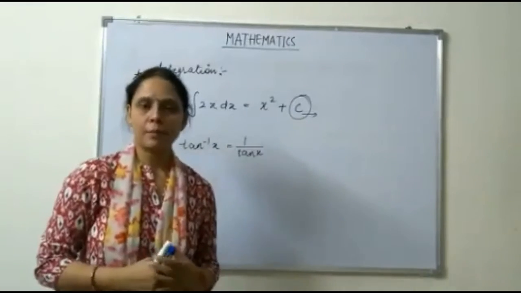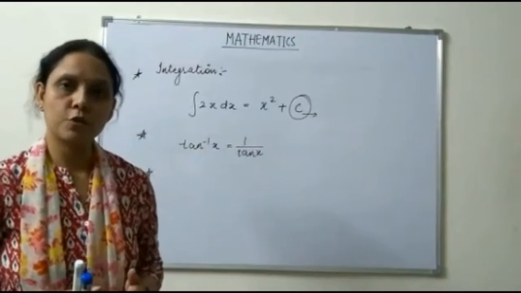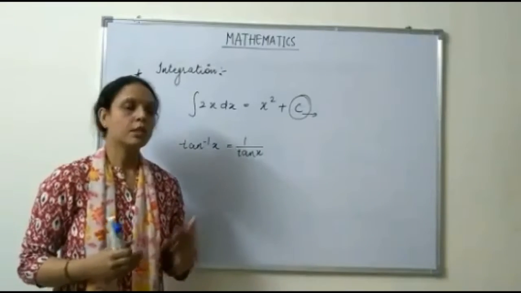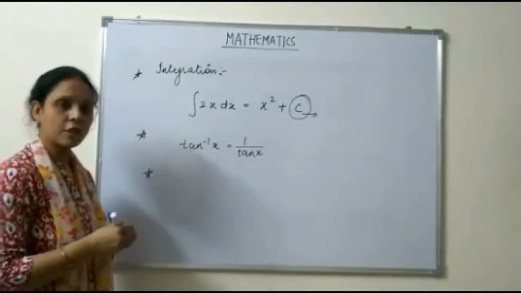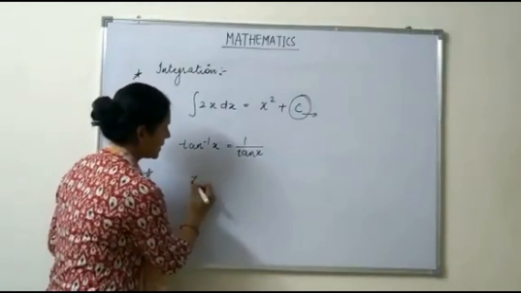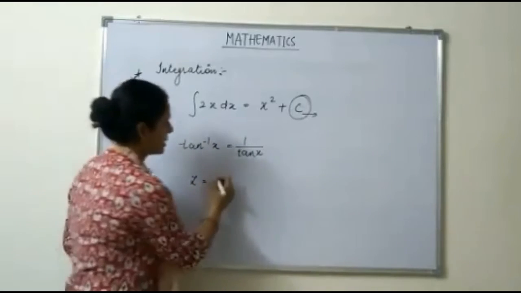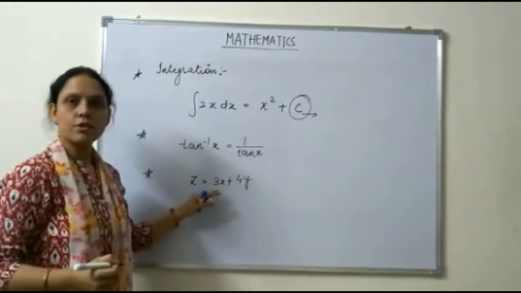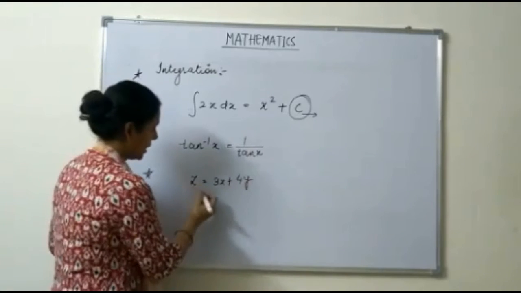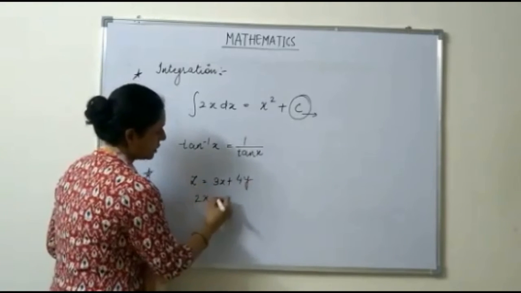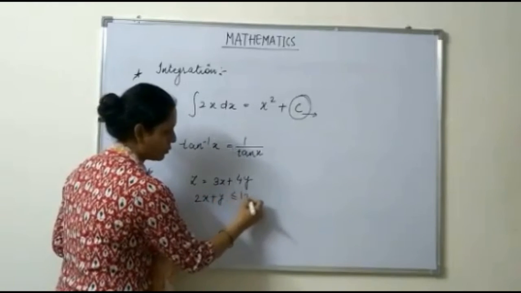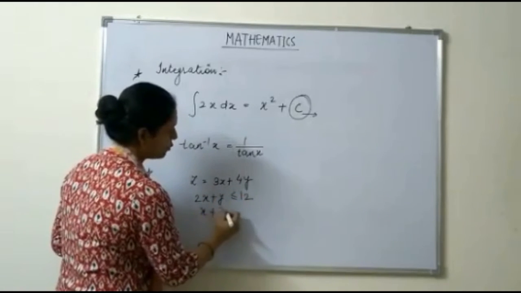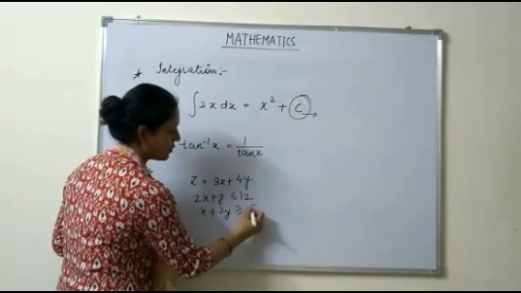Now for linear programming problems, whenever a word problem is given to you, you are all able to form the equation of the objective function which you represent by z. That is, suppose I am just taking an example, like suppose this is 3x plus 4y. Then the equations of the given constraints, like maybe the first equation can be 2x plus y is less than or equal to 12, or x plus 2y is greater than or equal to 15.